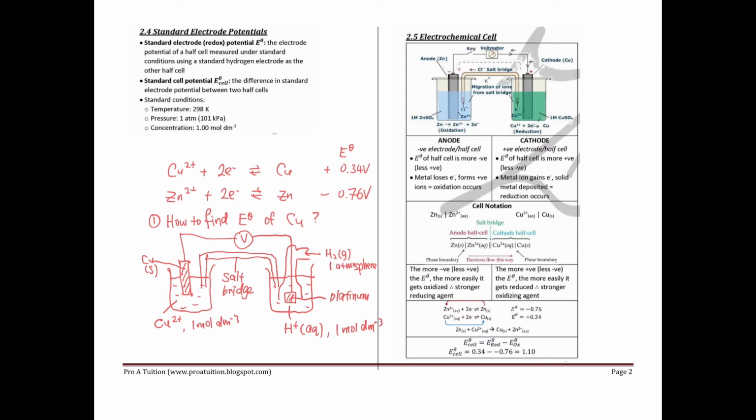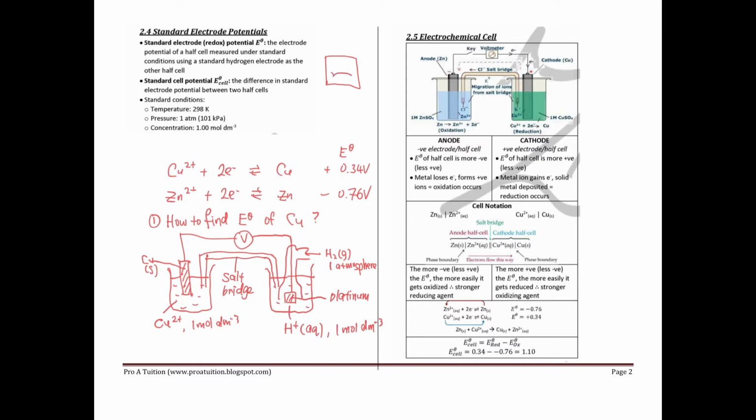Now let's continue our discussion. After we set up like this, the voltmeter will show a reading. It will show 0.34 volt. Remember your voltmeter is something like this. Let's see the basic structure of the voltmeter.